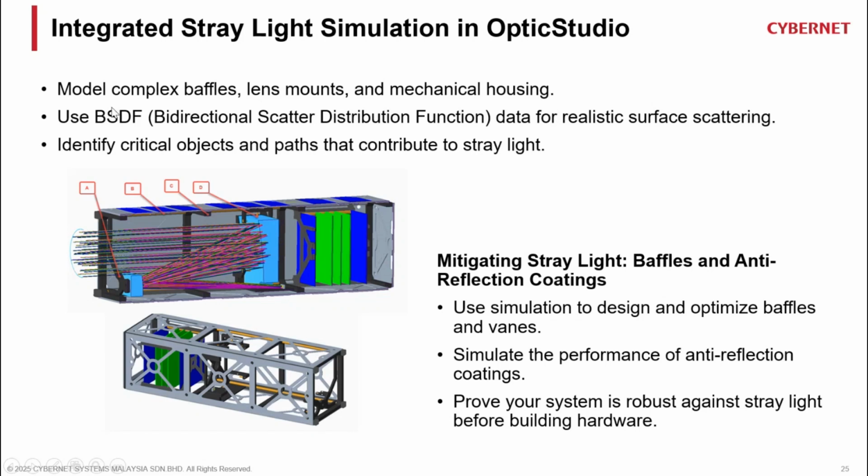Next we include bidirectional scatter distribution function data for the relevant surface scattering. Besides this, we can also use anti-reflection coating inside the baffles and on the surfaces. So we can prove our system is robust against stray light before building the hardware directly.